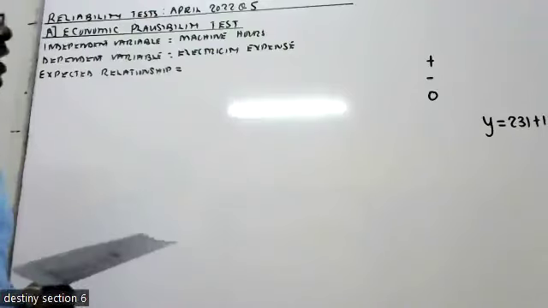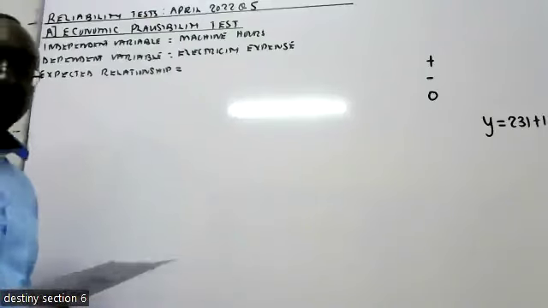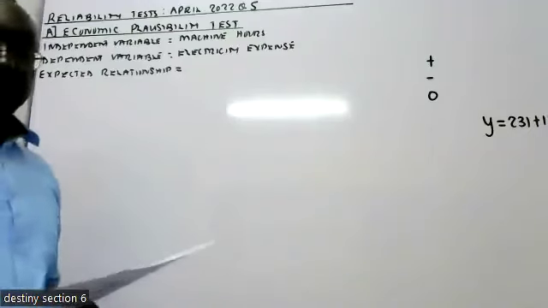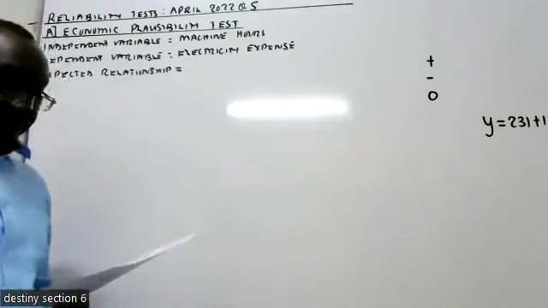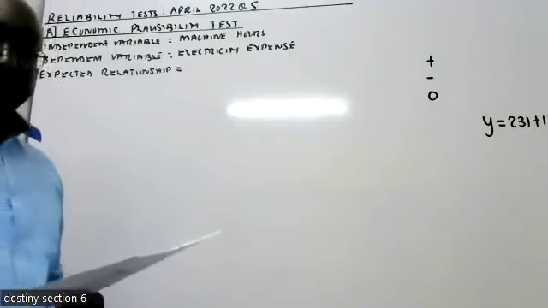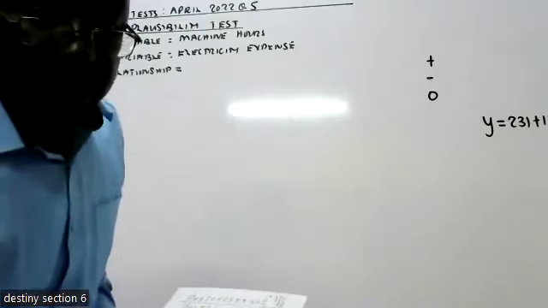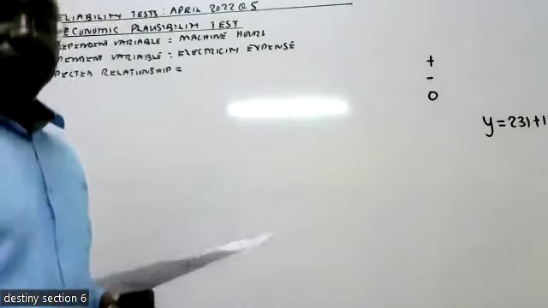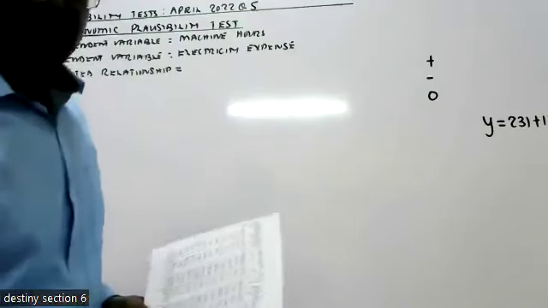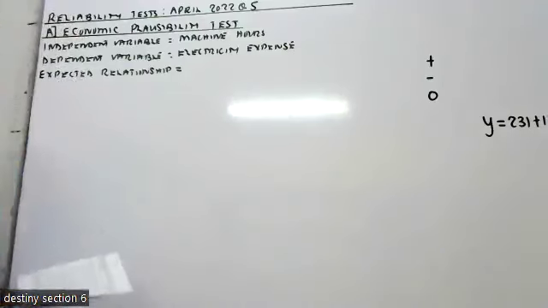Do you expect a direct, an inverse or no relationship? From your general knowledge, what do you expect? You have no idea what to expect.